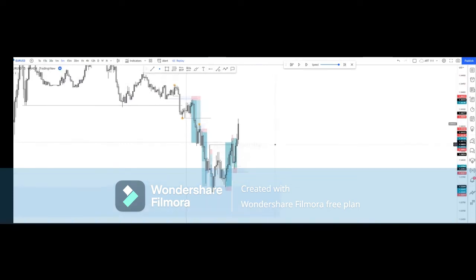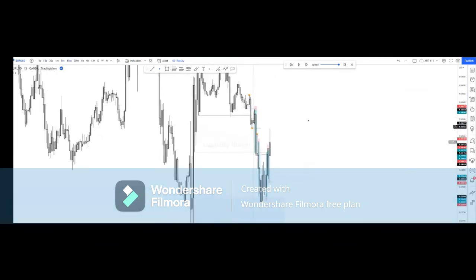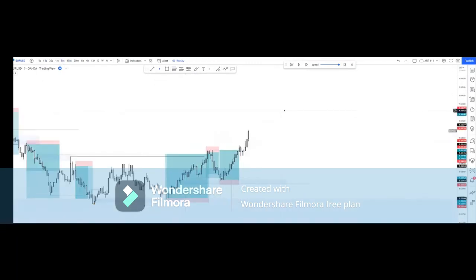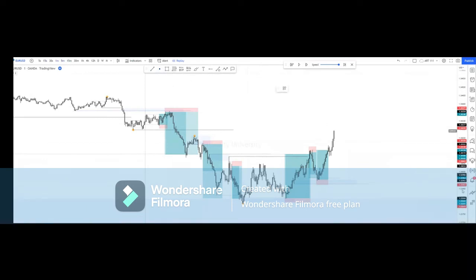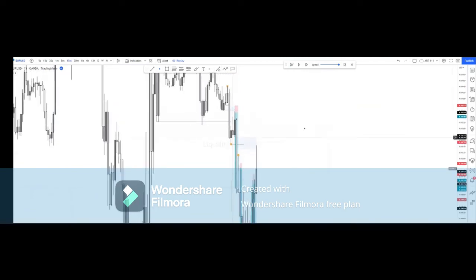Well, I'll put it back. So we have liquidity right there. We have imbalance, which lines up with this. So okay, look, so we'll confuse you, right?